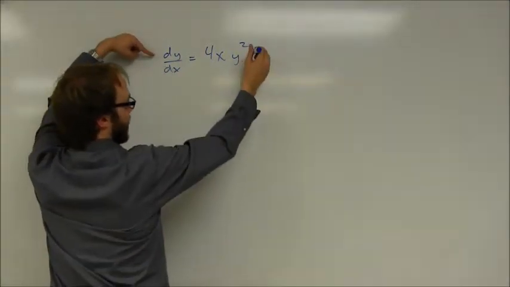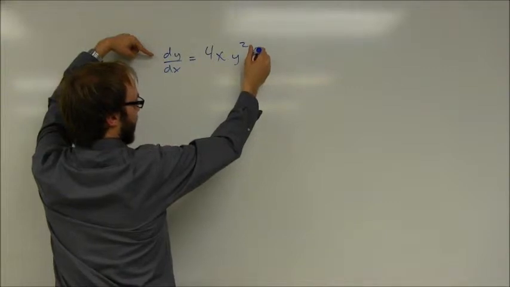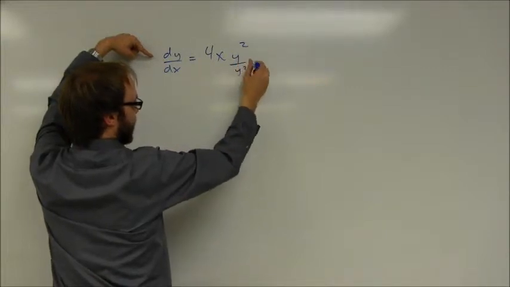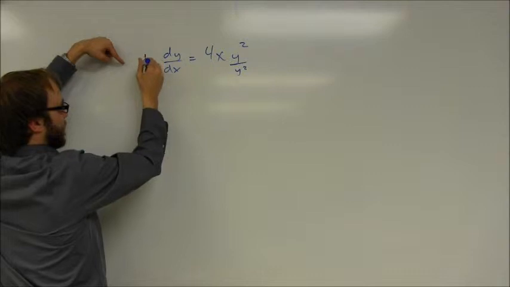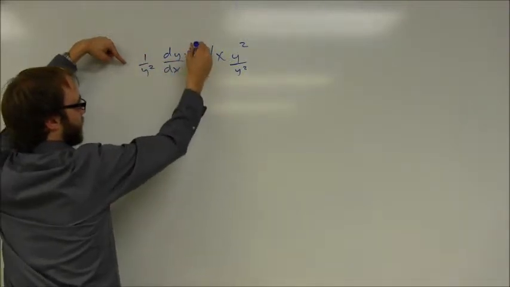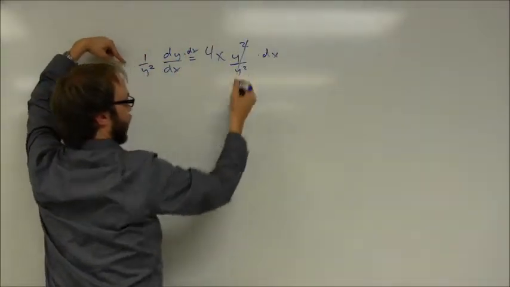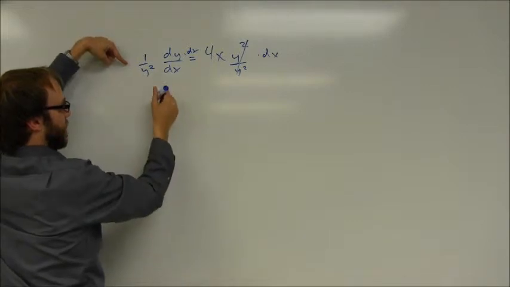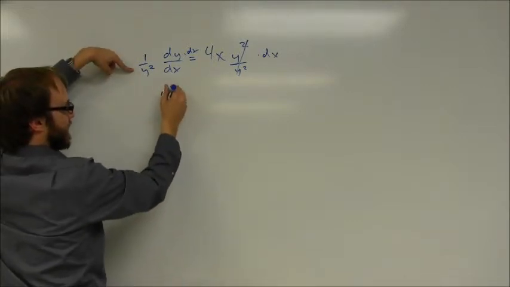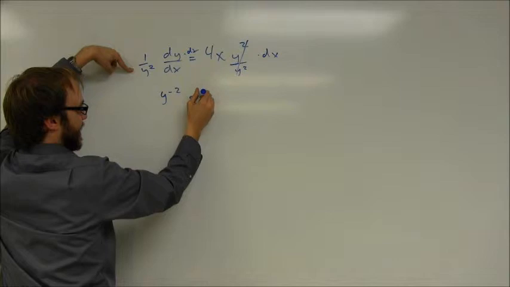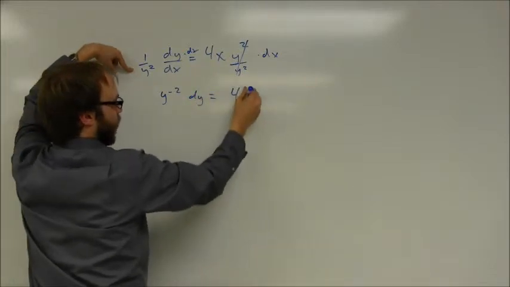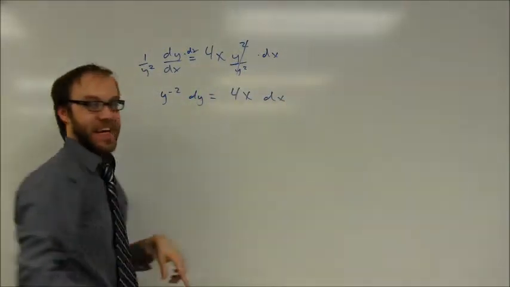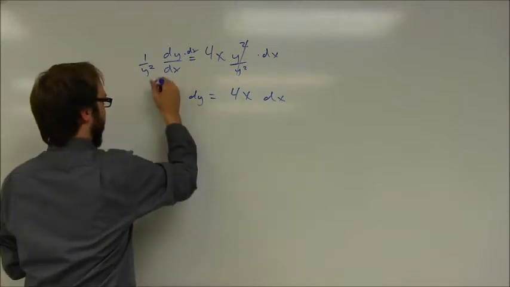I'm going to divide both sides by y. In this case, divide by y squared. Multiply both sides by dx. Again, y squareds cancel. I'm going to write that 1 over y squared as y to the negative 2 dy equals 4x dx. Equal values means their integrals are going to be equal.